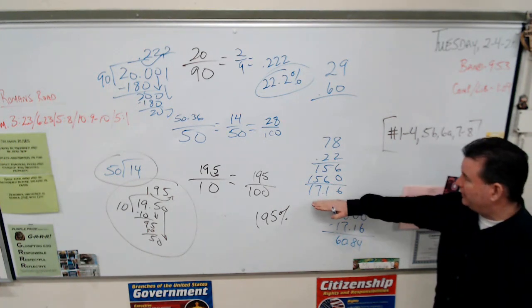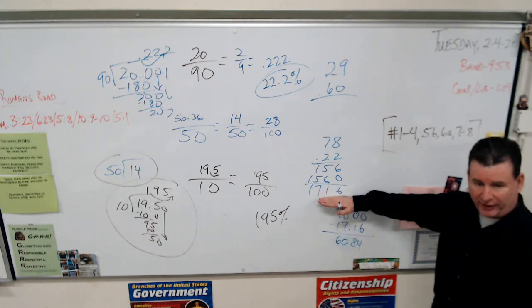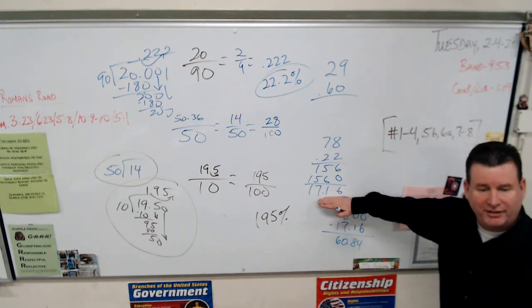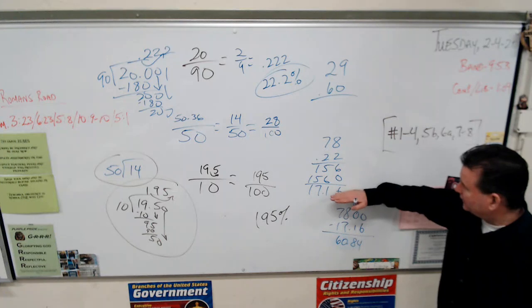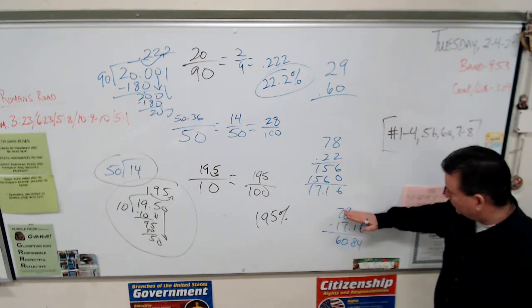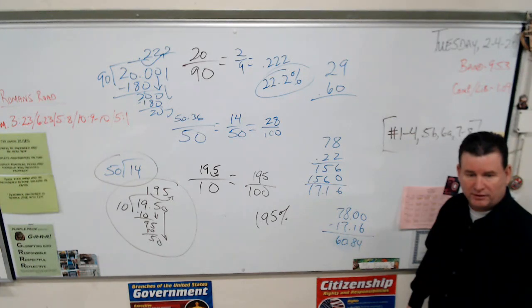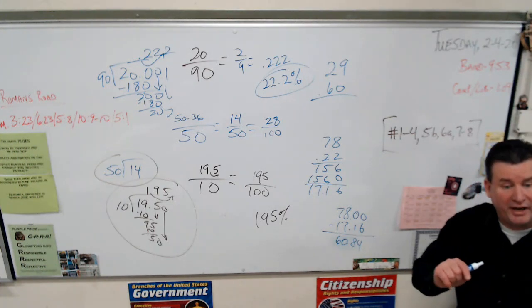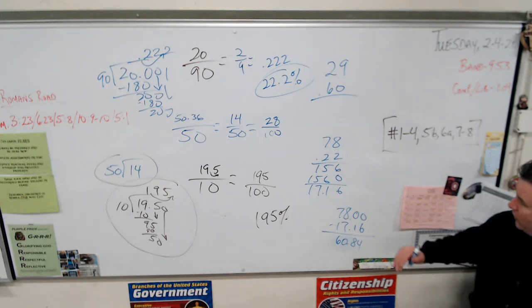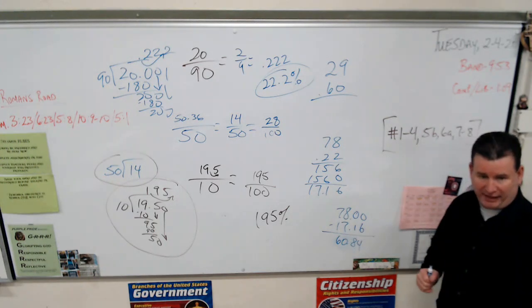22% of 78 is 17.16. Do you follow that? Since it's a decrease, David, I'm going to take that 17.16 and subtract it from 78. If it was an increase, David, what would I do? I would add it to 78.